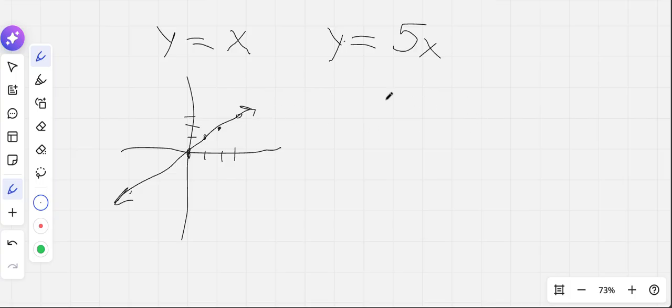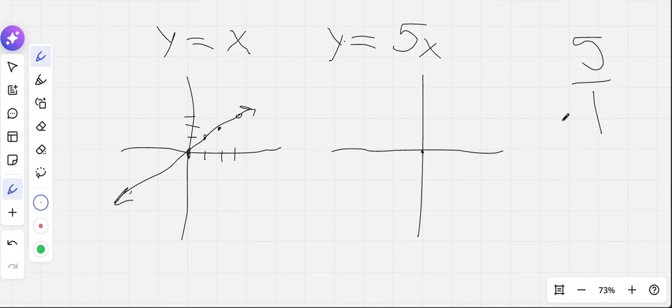But for y is equal to 5x, so this is a normal slope, I guess you could say. But for y is equal to 5x, it would be much steeper because the slope is greater, right? So let's say this is 0, 0, and then for the rise over run, the rise over run for this is 5 over 1. So every 1 you go over, you go higher 5. So the rise over run is 5 over 1.